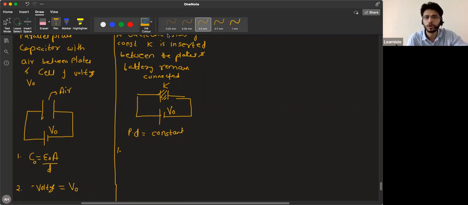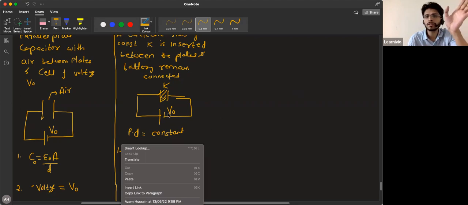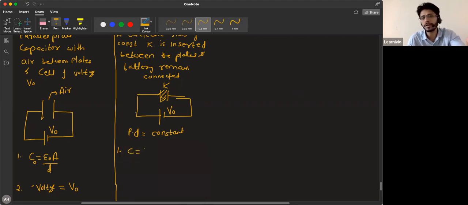What will be the capacity if I introduce a dielectric slab between the plates? When the air is between the plates, capacity is epsilon naught A by D. When the dielectric slab is between the plates, what is the capacity?